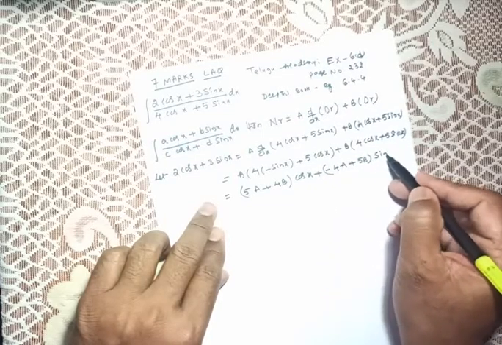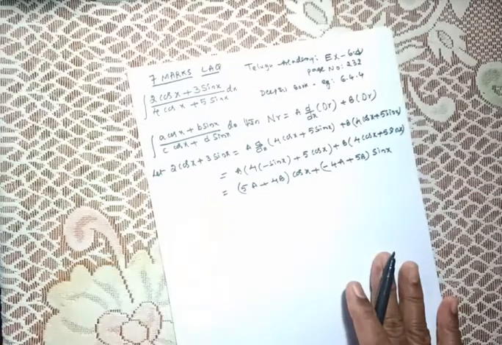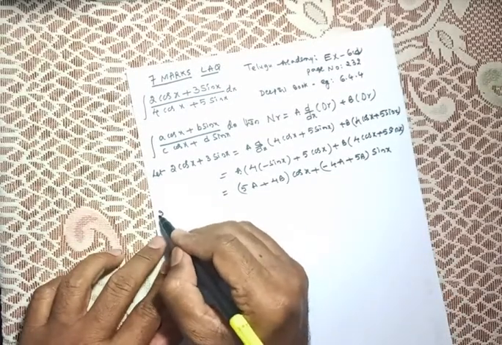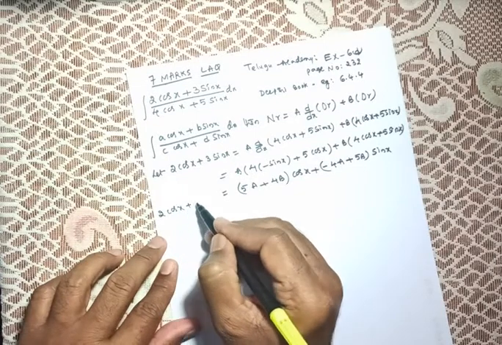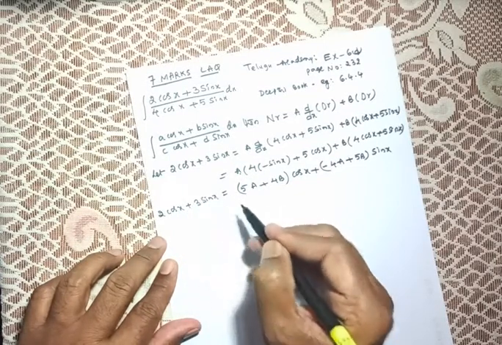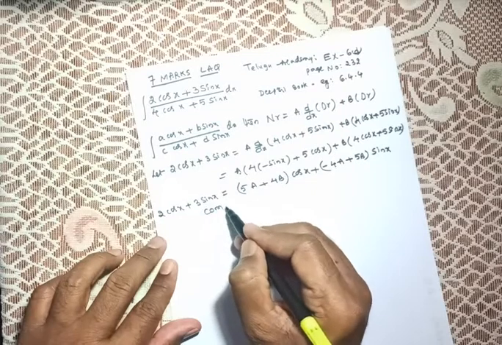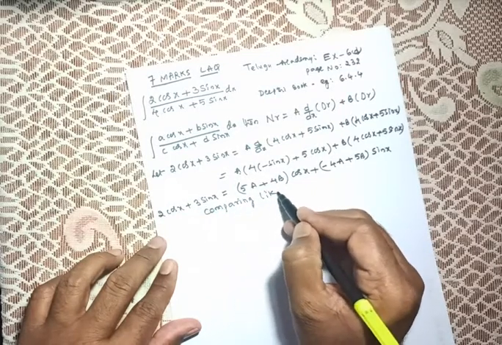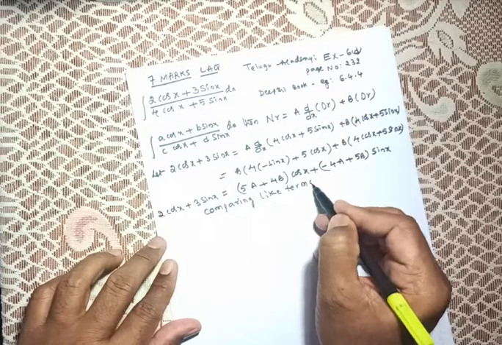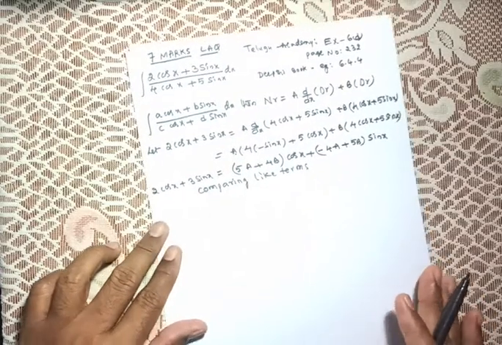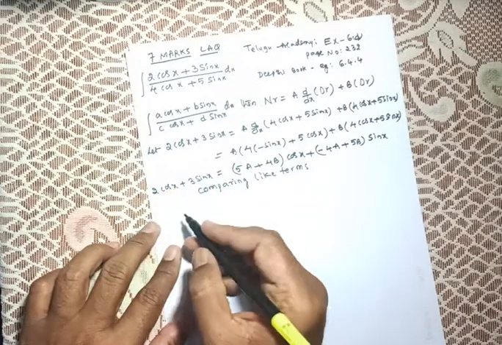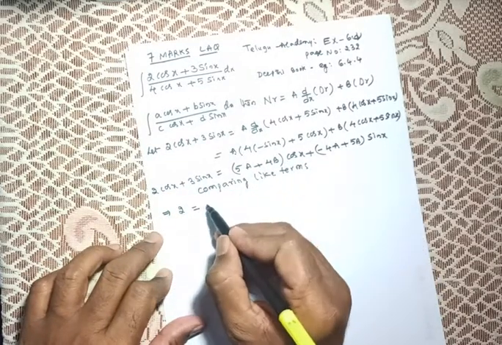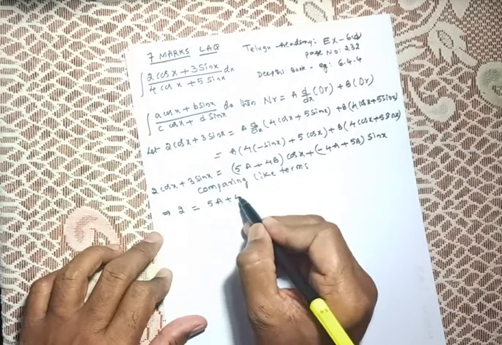Now we compare like terms on both sides. The left side is 2 cos x + 3 sin x. Comparing like terms on both sides, the cos x coefficient on the left is 2, and on the right it is 5a + 4b.